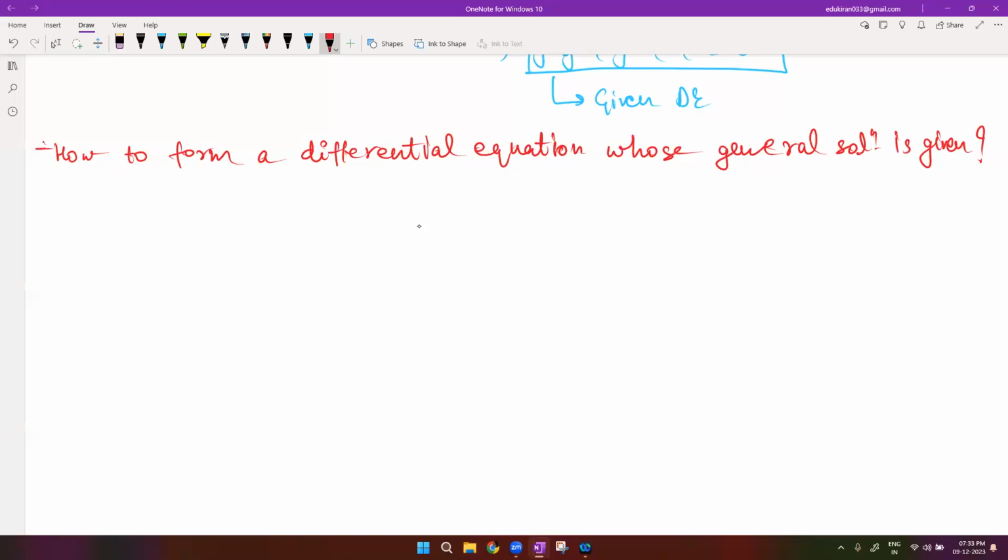So this is the main question. The third topic that we will understand is how to form a differential equation whose general solution is given.